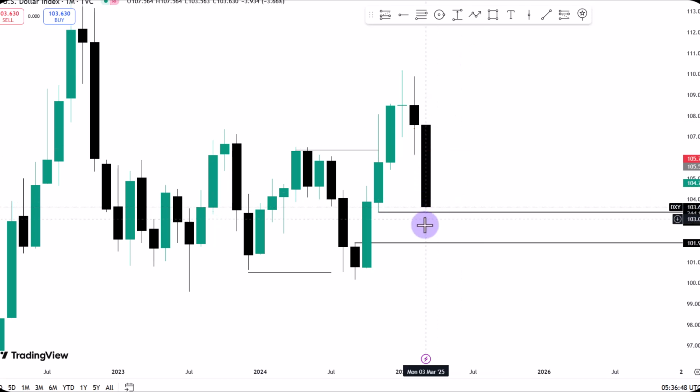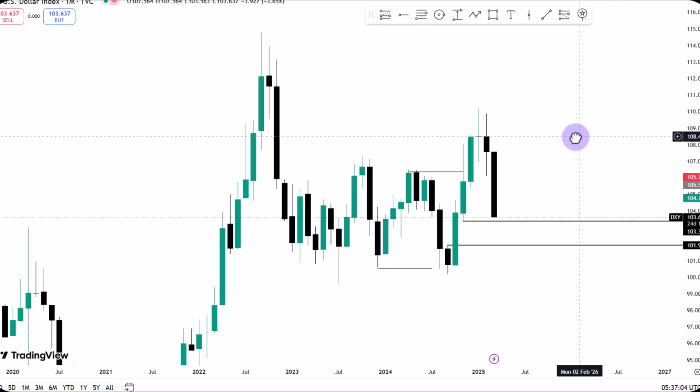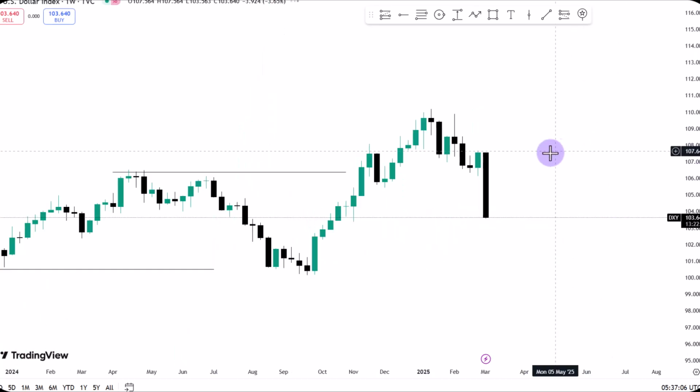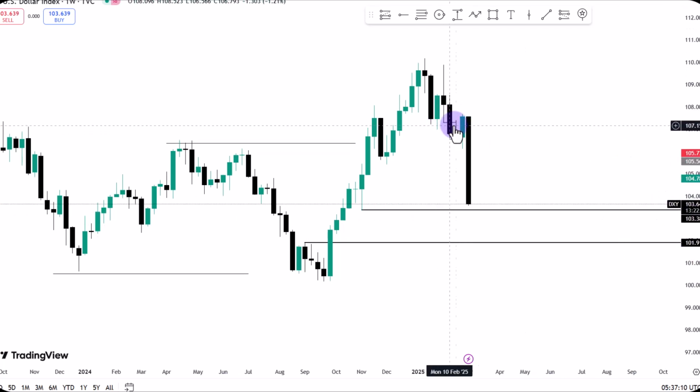And this is also looking like a balanced price range because we have an institutional order flow entry drill that's about to unfold. The fair value gap by the right, the fair value gap by the left. We'd like to see price action tap into this level before we anticipate a reaction to go long on the dollar.